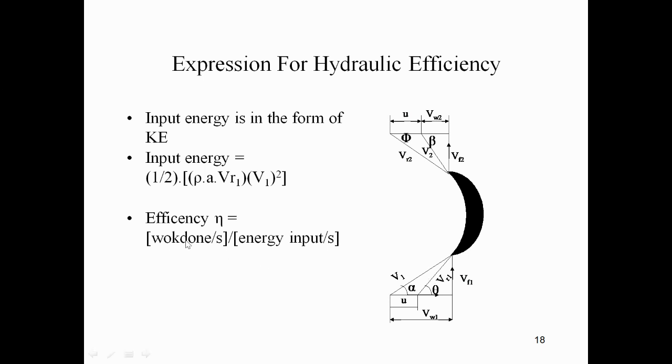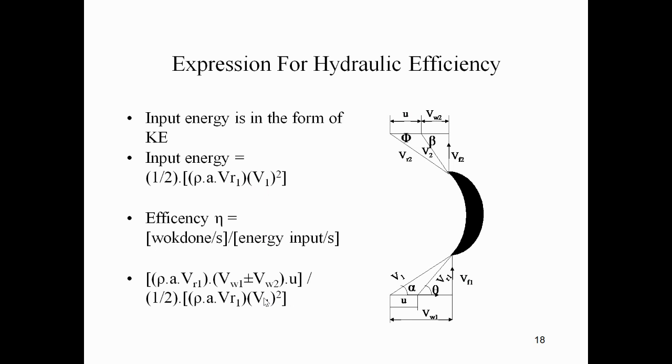We know the formula of work done, so we can substitute the work done per second, rho A Vr1 into (Vw1 plus or minus Vw2) into U, by the energy input per second, half into rho A Vr1 into V1 square.